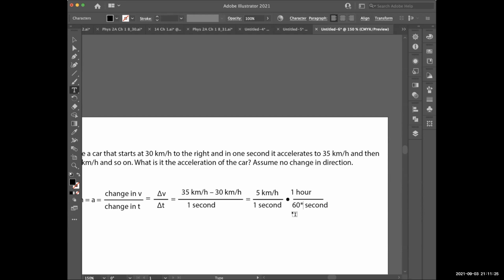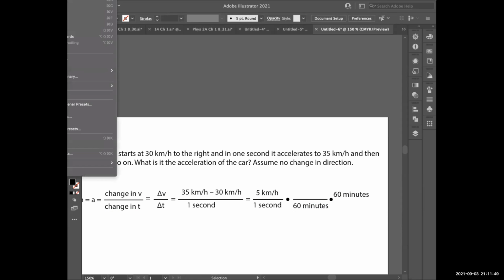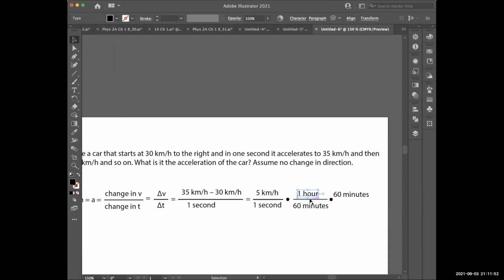I'll do the whole thing. 1 hour is 60 minutes, and then 1 minute is 60 seconds.